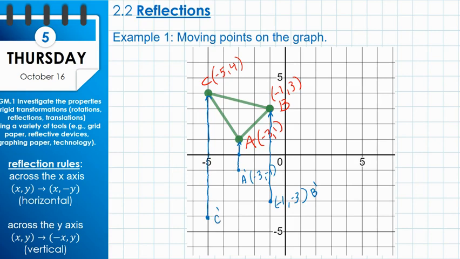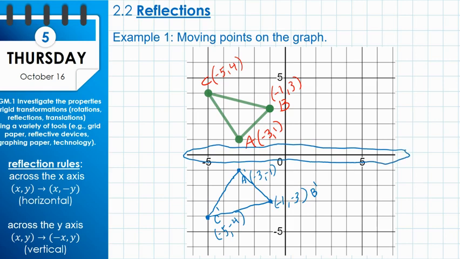C prime is at the coordinate -5, -4. We connect the points. So that is an example of a horizontal reflection. We're reflecting across the x-axis.